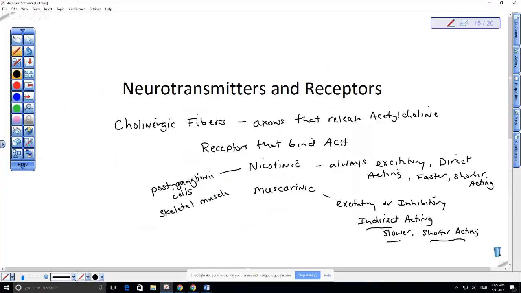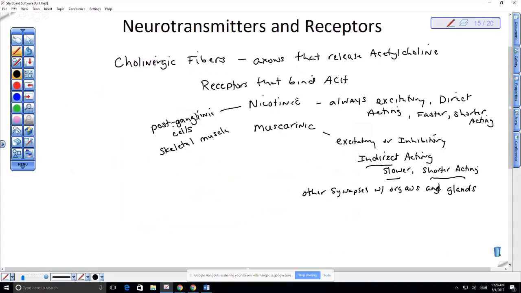Muscarinic is found in the other synapses, so we'll put other synapses with organs and glands. For example, the vagus nerve would have cholinergic fibers in it, and it would synapse with the heart muscle. On the heart, near the SA node, would be muscarinic receptors.